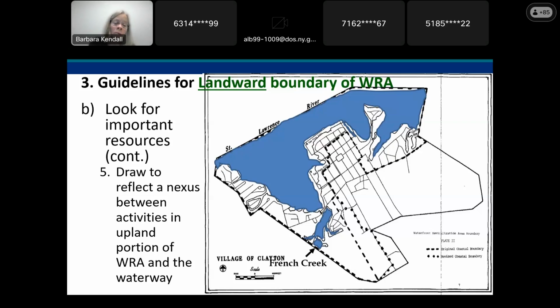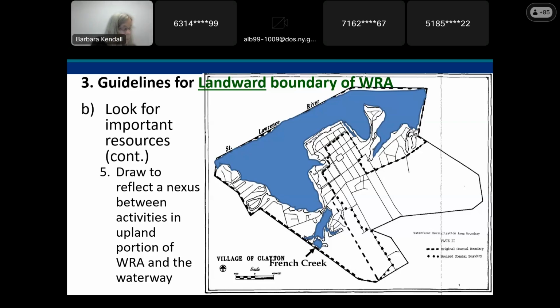It goes way over to the west here. I'll show you a map in a minute. But what they identified is this additional sort of trapezoidal area was really important to protect the significant habitat. Also included some brushlands and inactive agricultural lands, and also some existing commercial and residential lands, which were directly related to waterfront activities.